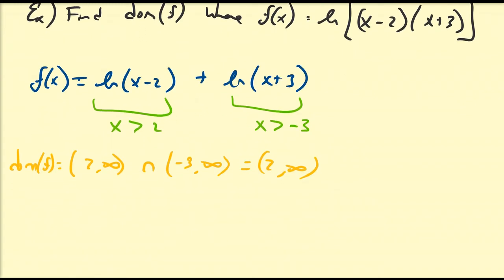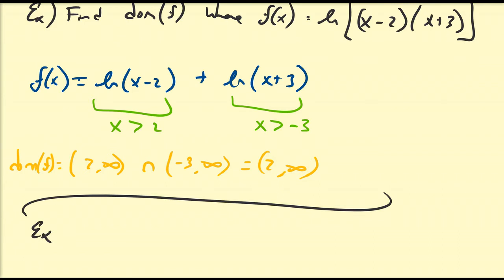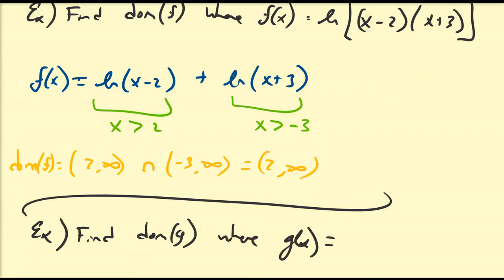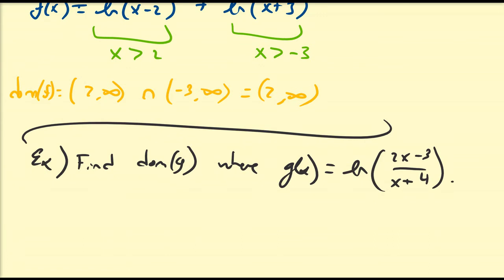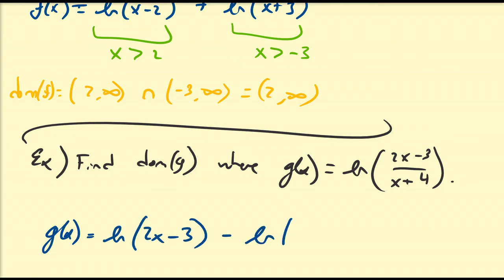All right, so also, let's consider this. Find the domain of g, where g of x is equal to the natural log of 2x minus 3 over x plus 4. All right, so similarly, g of x can be rewritten as the natural log of 2x minus 3 minus the natural log of x plus 4.